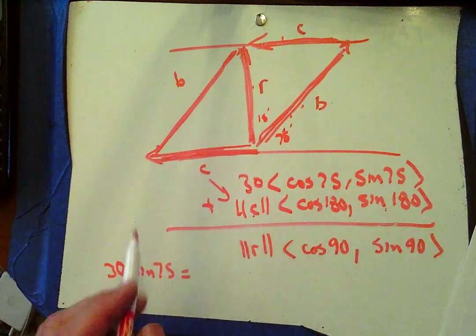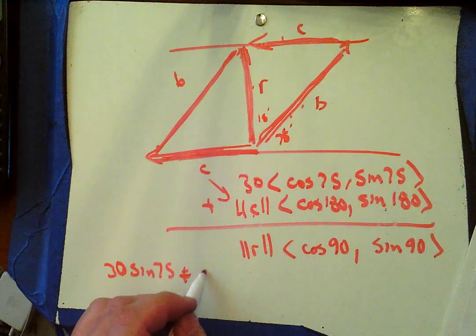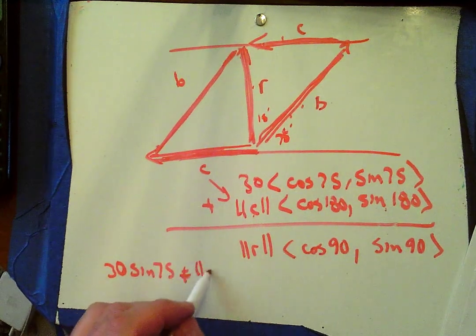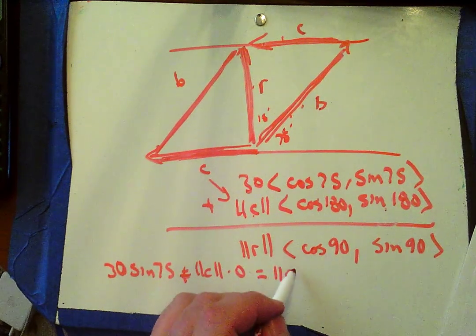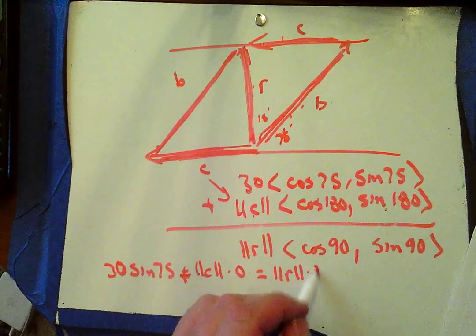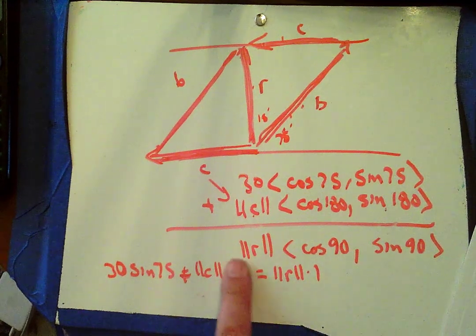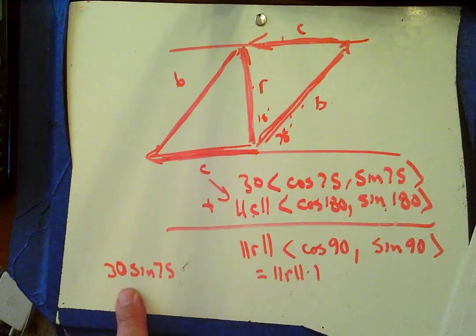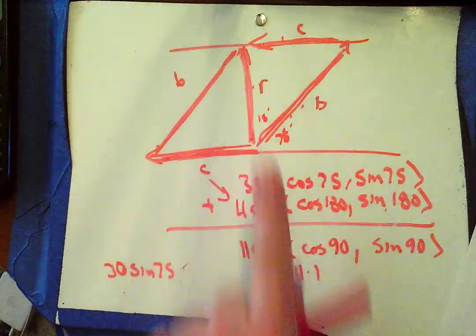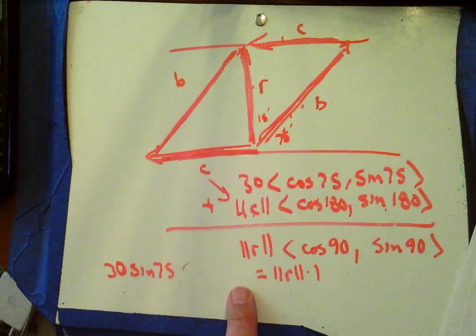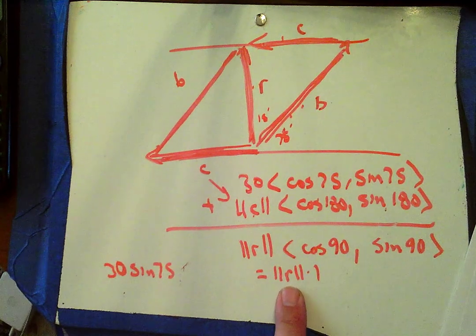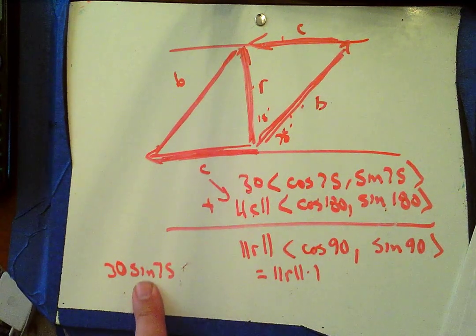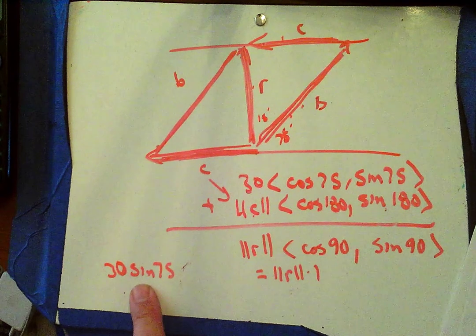This is 0 times this plus magnitude of c times 0 equals magnitude of r times sine of 90, which is 1. And so this would all go away, and that's how fast the boat is actually going across the river. We know that the motor thinks it's going at 30 miles an hour, but really, because we're fighting the current, we're going to be going slower than that, and so we're multiplying 30 by the sine of 75.